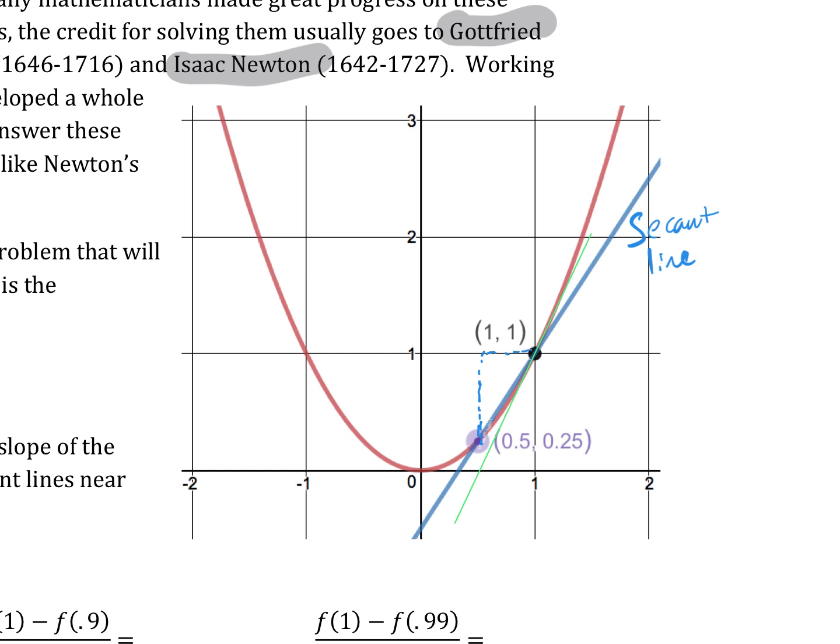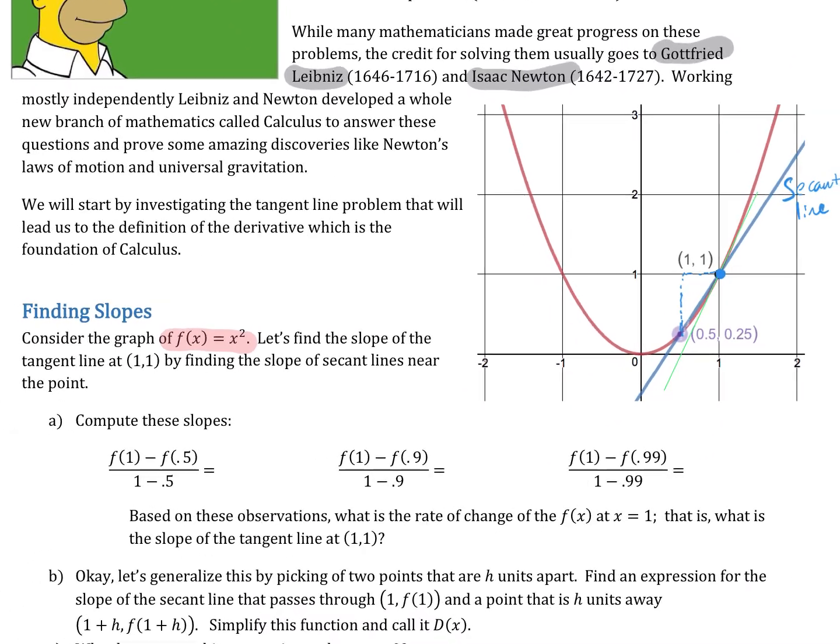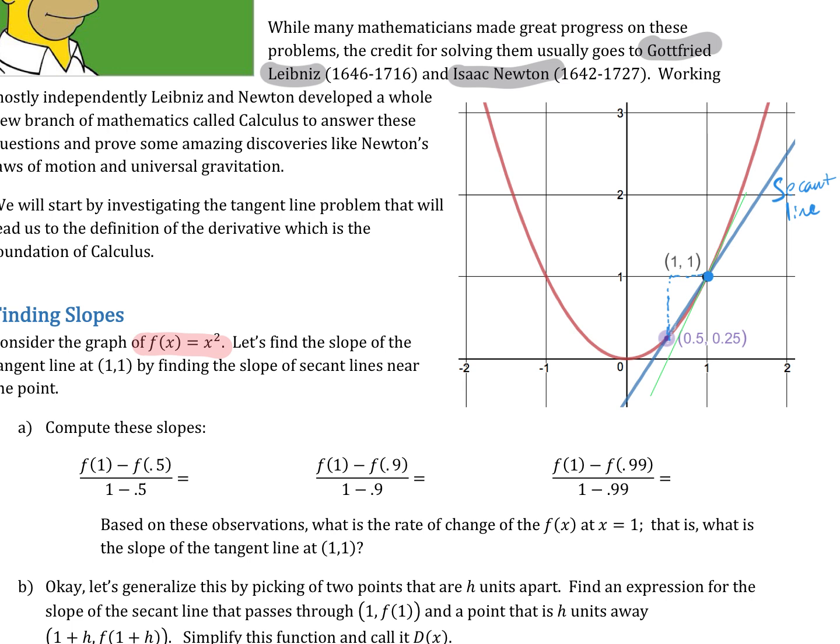Rise over run. So let's say we have 2 points, going through 1, 1, which is the point we want to focus on and get closer to. And so what's the slope here? Well, we have f of 1 minus f of 0.5. The f of 1 is this y value here, and f of 0.5 is 0.5 squared.